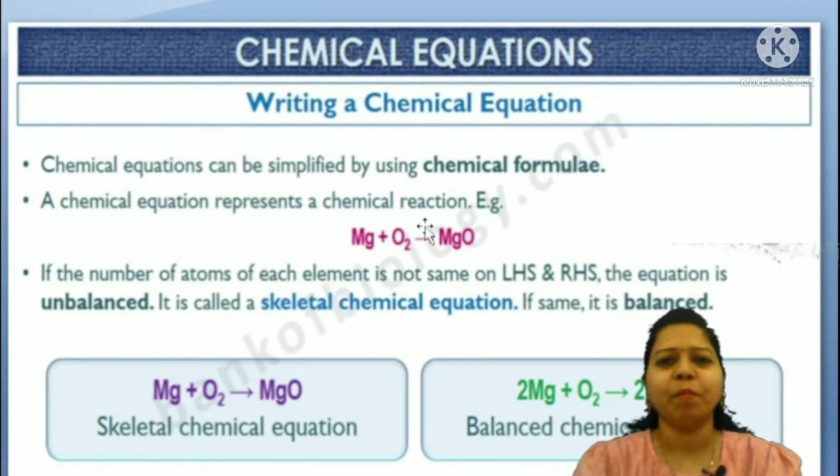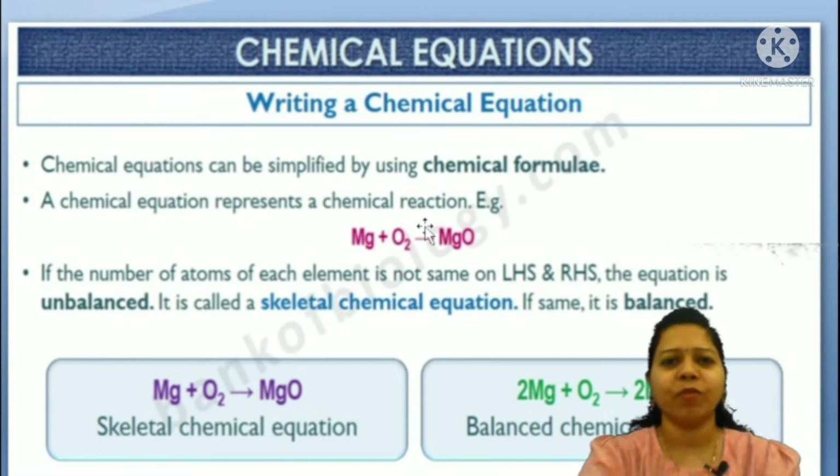There are some symbols we use to represent elements as well as compounds. And by using those symbols and the formulae of compounds, we are able to write chemical equations.